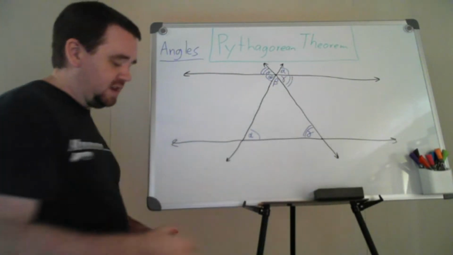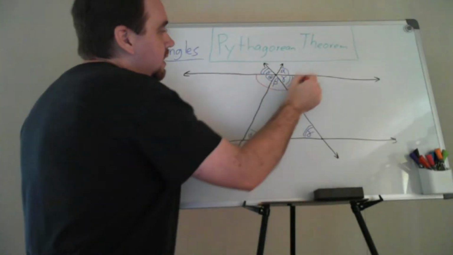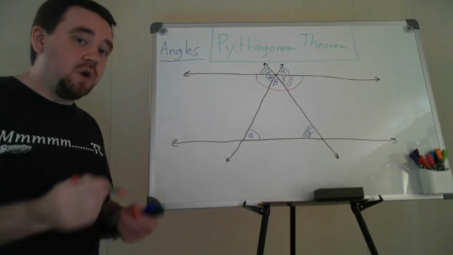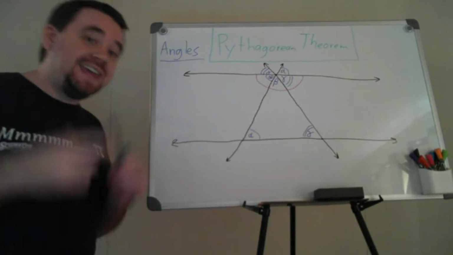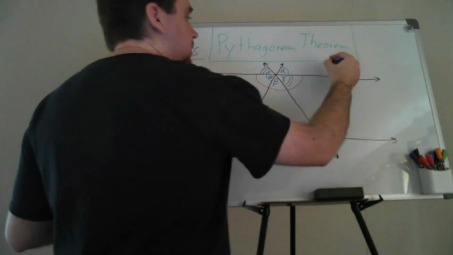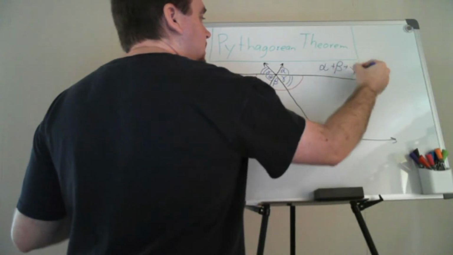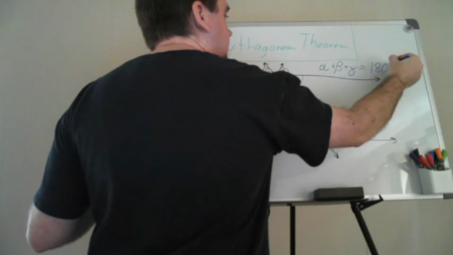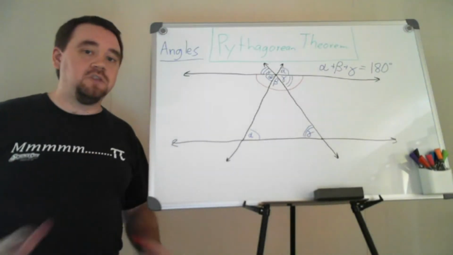Alpha, beta, and gamma all make a straight angle, which means they have to add up to 180 degrees, which means I can state the following. In any triangle, the 3 angles, alpha plus beta plus gamma, must equal 180 degrees. And that's true for any triangle.